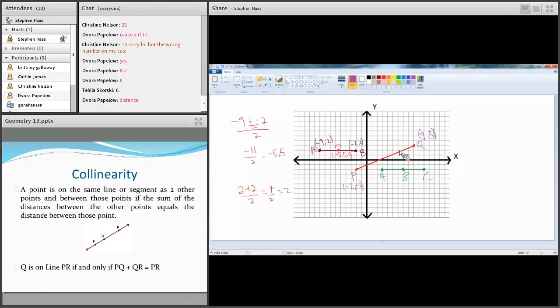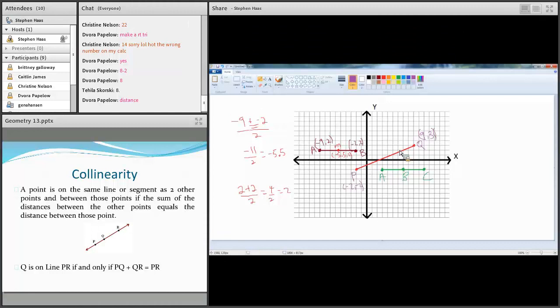In other words, if P to Q plus Q to R equals P to R, well then Q has to be on that line. Now, that may seem obvious, and with the line in front of you, it is obvious. But if you weren't sure whether a particular point is on the line, that's one way to prove it.